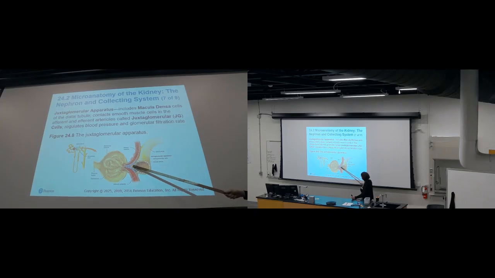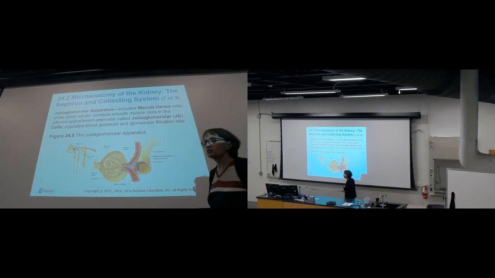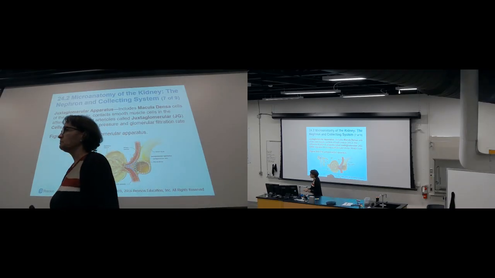So juxtaglomerular because these are the cells next to the glomerulus. Remember, juxta means nearby. And the cells of this distal tubule are the macula densa cells. So this juxtaglomerular apparatus helps us to control blood pressure.